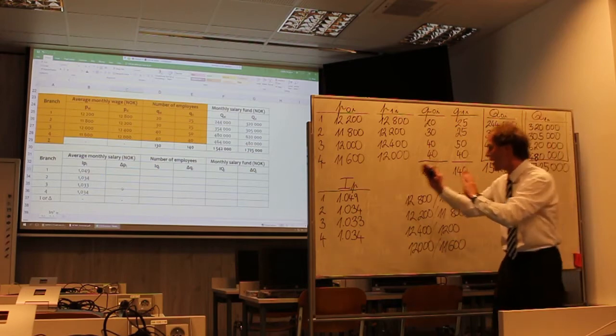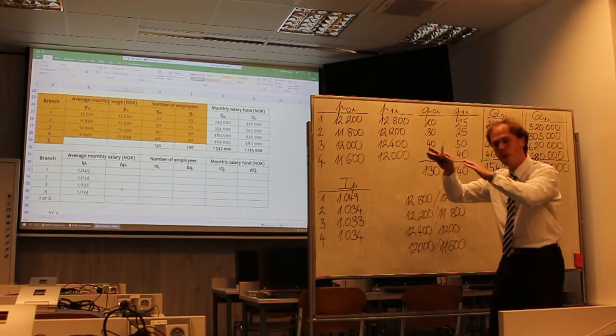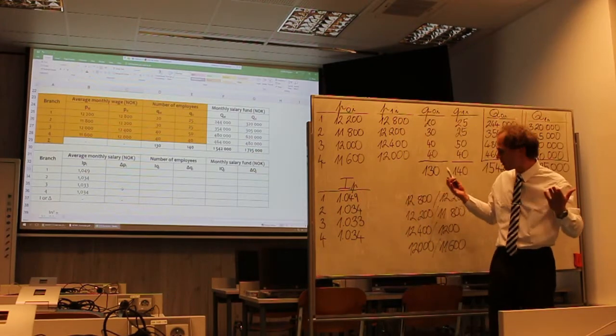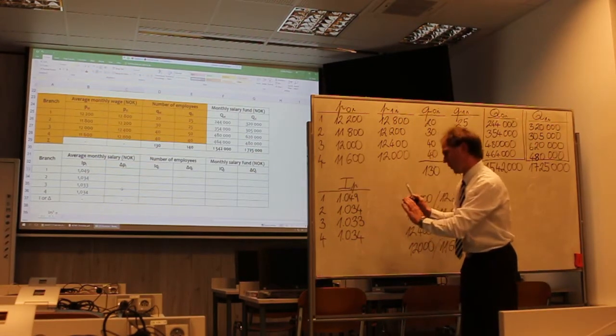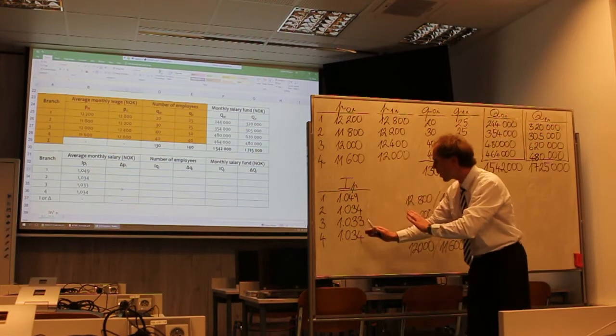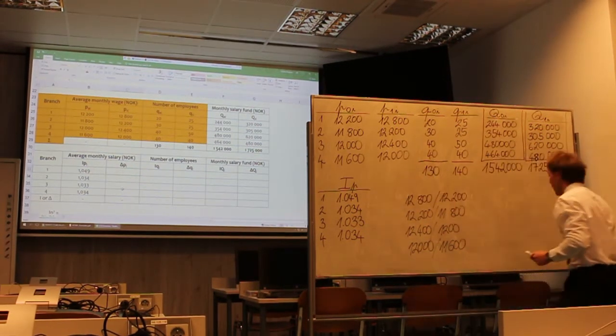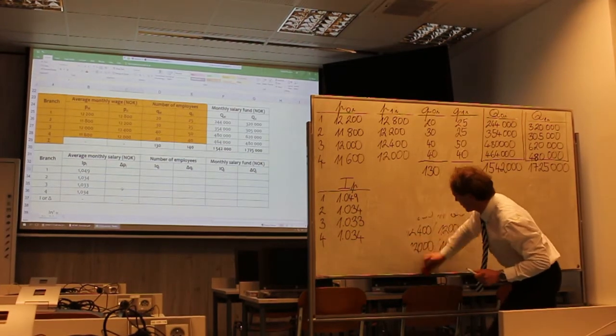If there is something below one, it will be decrease. But we don't have here decrease. There is no value below 1. Okay, absolute differences.